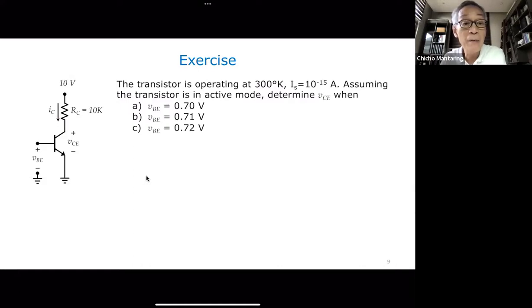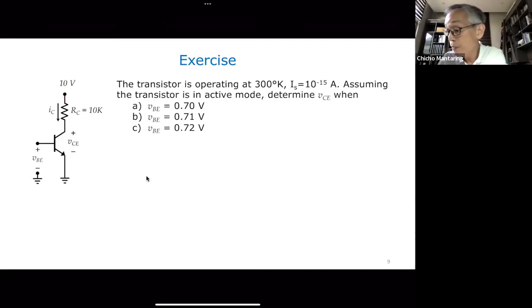So what is VCE? VCE, we just apply a KVL to this particular path. In other words, applying KVL, we start at 10 volts. 10 volts minus the drop across this resistor, which is IC times 10K, minus the drop across the transistor, which is VCE, will give me 0, which is my ground. That's how I apply KVL along this path.